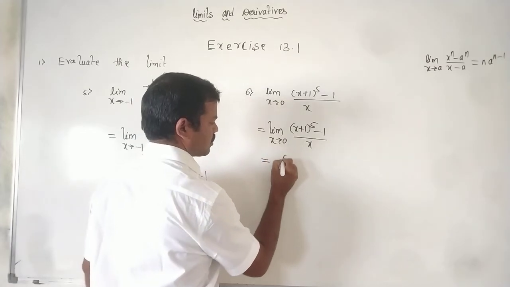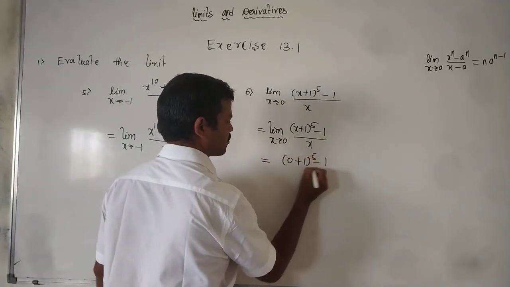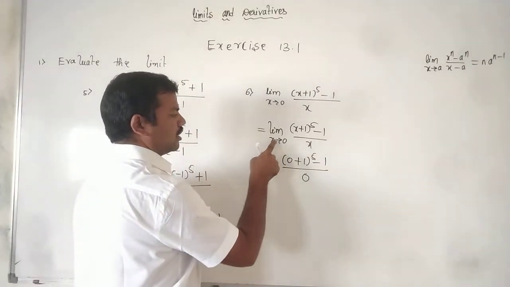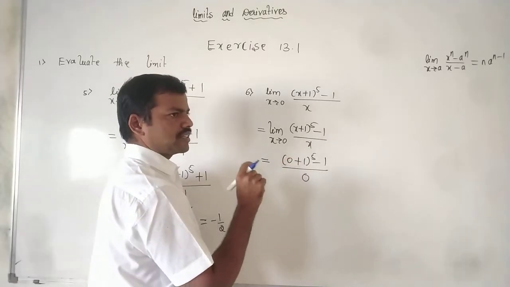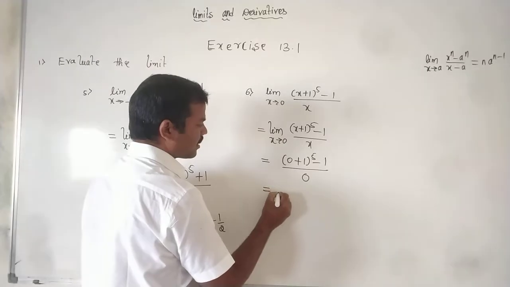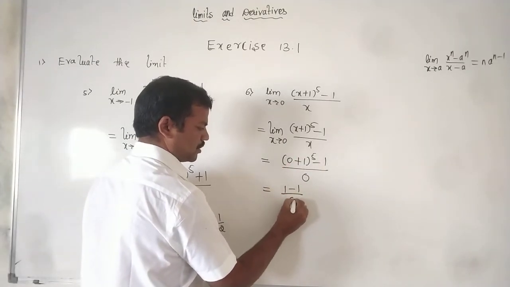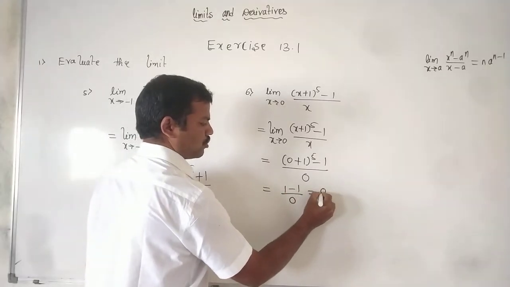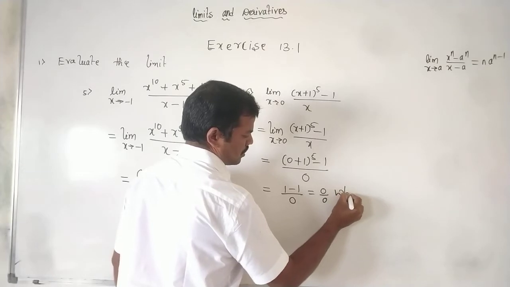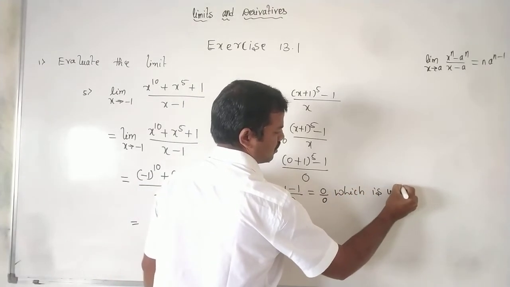That is 0 plus 1 raised to 5 minus 1 divided by 0. ಸೊ ಲಿಮಿಟ್ ಹಾಕಿದ್ರೆ ನೀವು ಲಿಮಿಟಿಂಗ್ ಪಾಯಿಂಟ್ ಸಿಂಬಾಲ್, ಲಿಮಿಟ್ ಸಿಂಬಾಲ್ ಯೂಸ್ ಮಾಡಂಗಿಲ್ಲ ಇಲ್ಲಿ. 1 raised to 5 is 1, 1 minus 1 divided by 0. 1 minus 1 ಅಂದ್ರೆ 0 by 0, which is undefined.